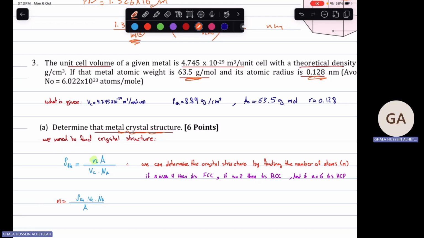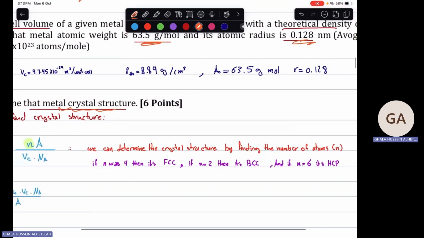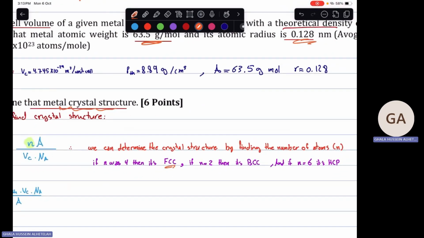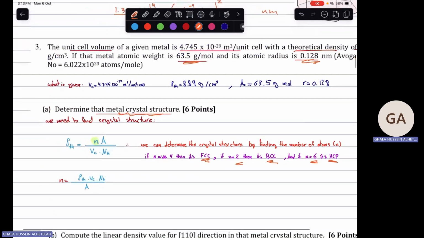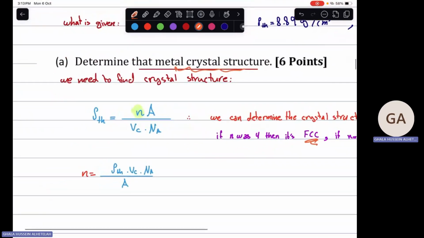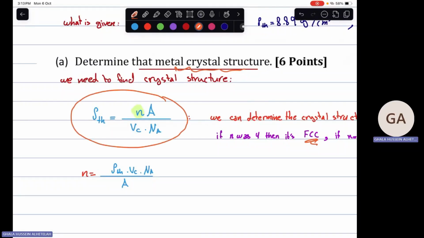Okay, basically if we get 4 atoms, we are going to have FCC. If we have 2 atoms, we will get BCC, and if we get 6 atoms, we will have HCP structure. Okay, let's start by using this equation, which is the theoretical density.